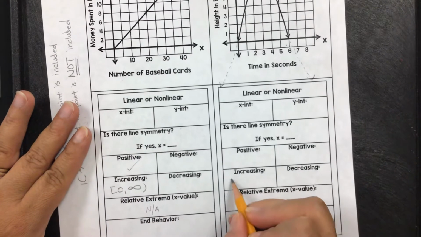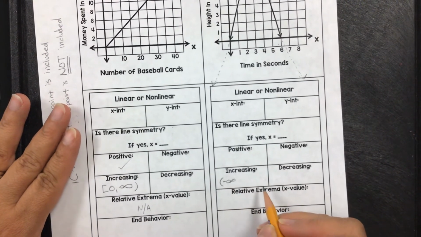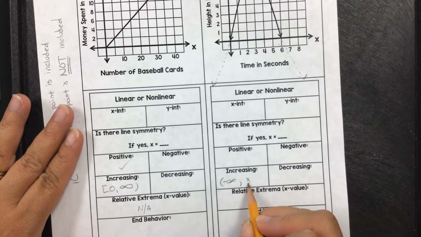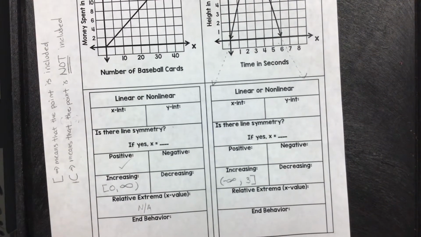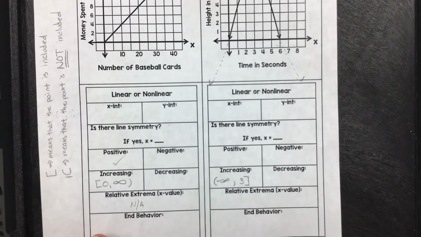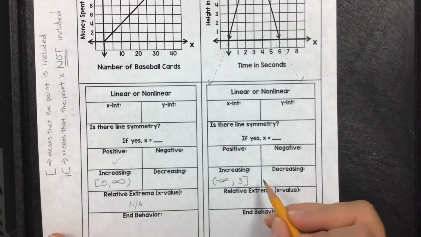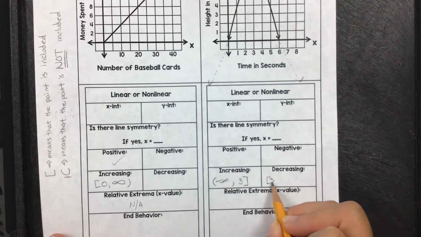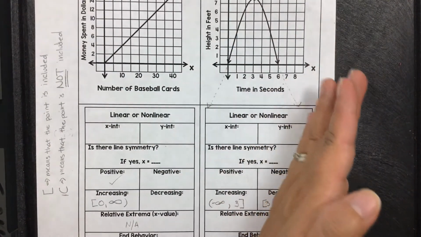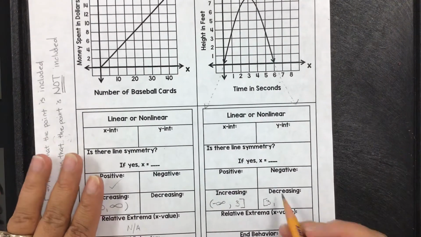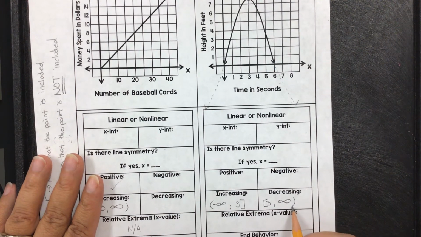So from negative infinity, which we cannot include, to positive 3, which is included on the graph, it is increasing.